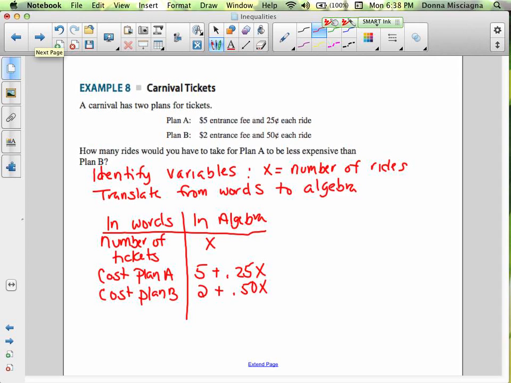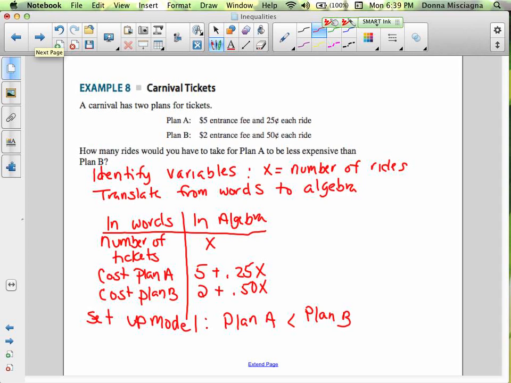Now let's set up the model. You may have to solve this model on the other page because I wrote too big. All right, so we want to know when Plan A, so in words, when is Plan A less expensive than Plan B? We're paying more for the entrance fee, but we're paying less for each ride.